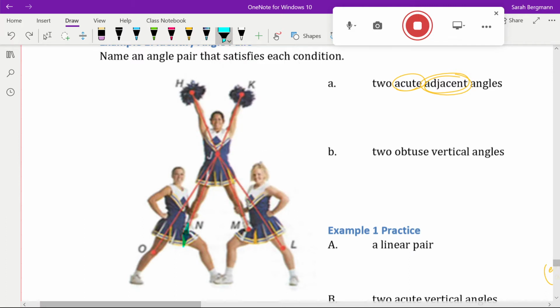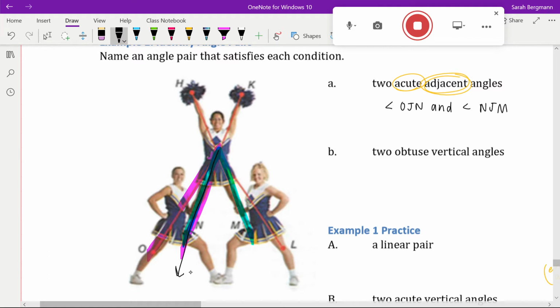I will highlight them together so you can see them next to each other. Notice they share ray JN. This is their common side, but they are not overlapping. So our answer could be angle OJN and angle NJM.